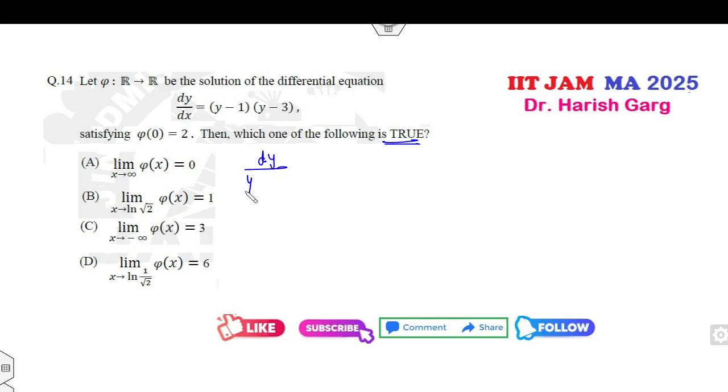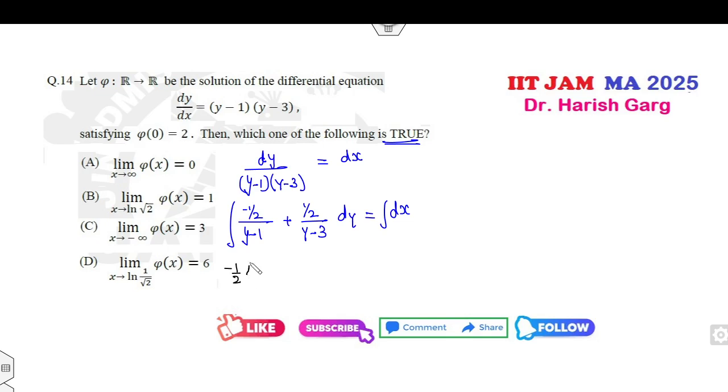You can see I can write dy over (y minus 1)(y minus 3) equals dx. You can use the partial fraction. It is y minus 1, it is y minus 3. When y is equal to 1, it is minus half. When y is equal to 3, it is plus half. Then you can integrate. What is the integration of this?